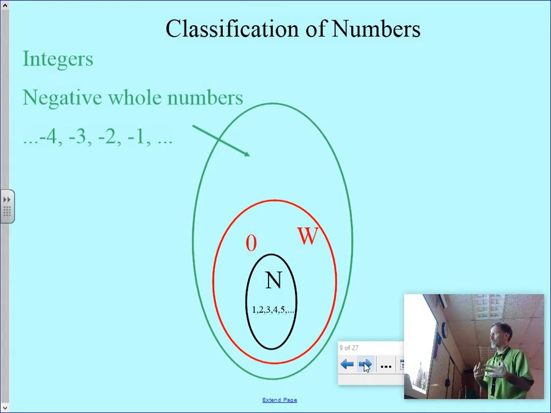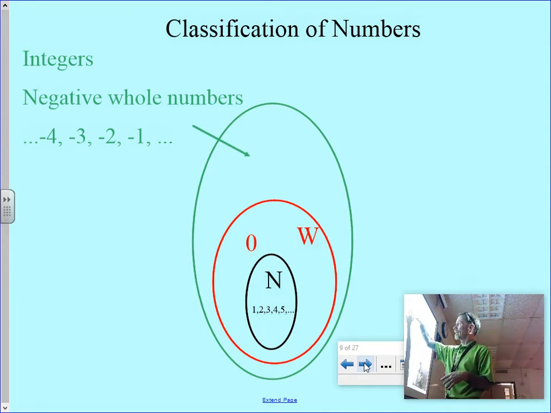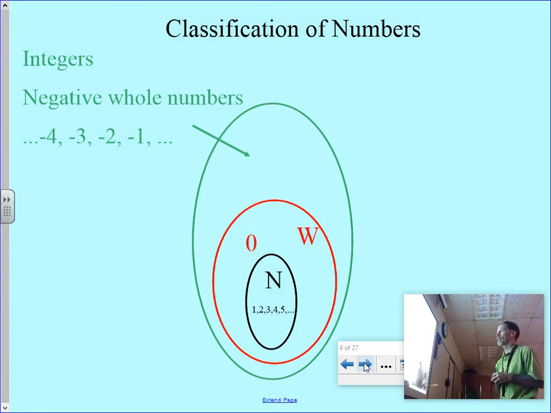So I'm going to stop there real quick. Imagine if I gave the number 7. So 7 is a natural number and a whole number and an integer. But what if I gave you the number -7? Well, -7 is only an integer. And I hope you're starting to see how these all work together.